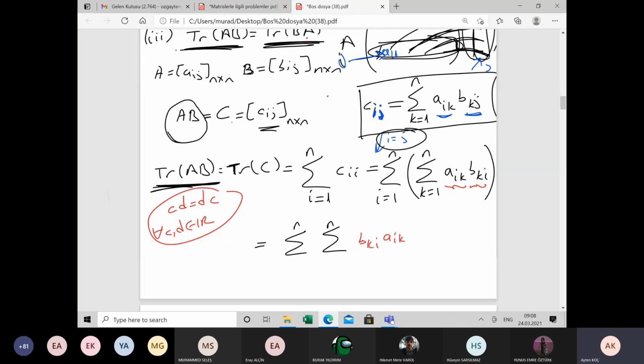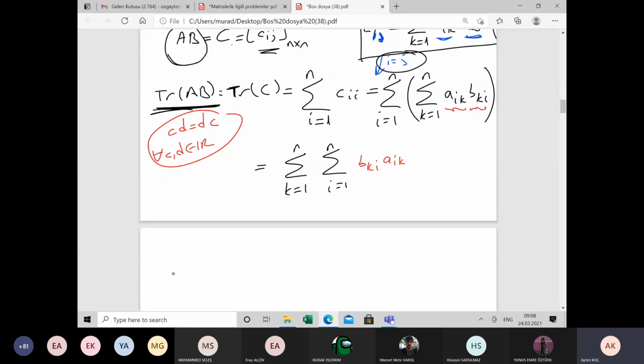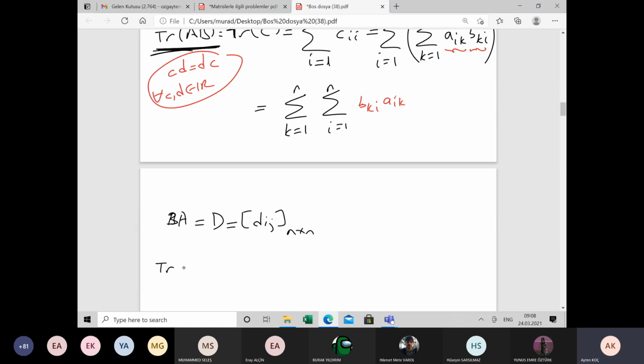Now, let's compute B times A. B times A is a matrix D, denoted for example by D_ij, an n by n matrix. So let's compute the trace of BA.